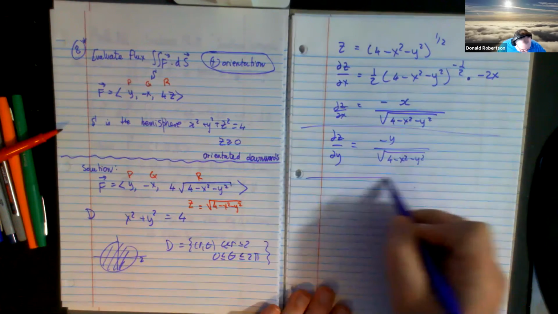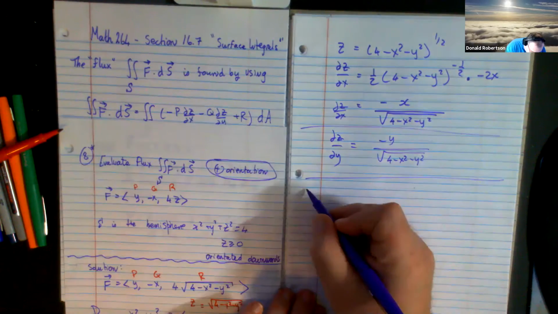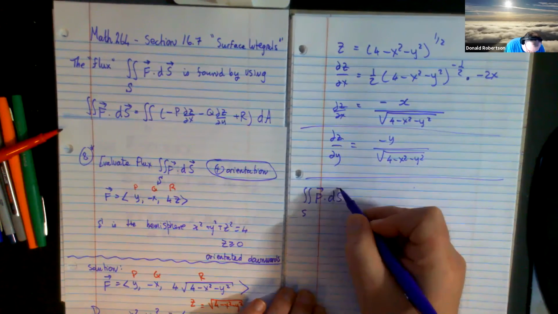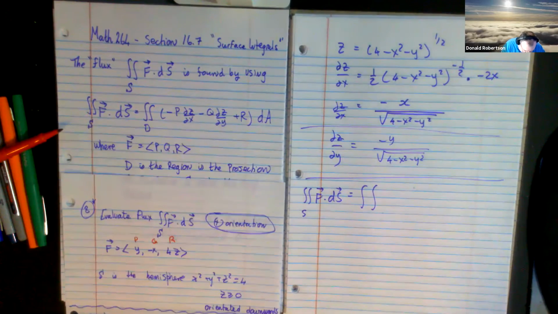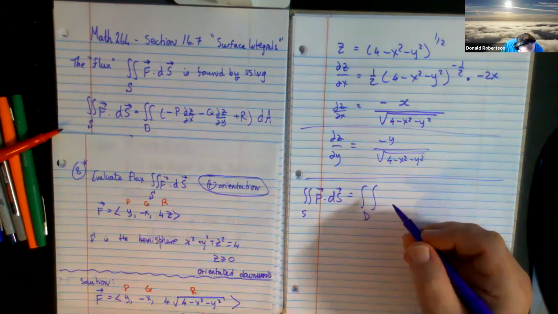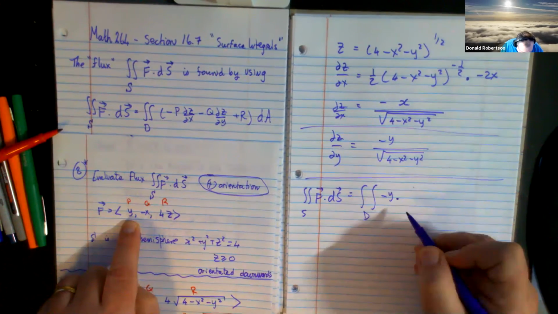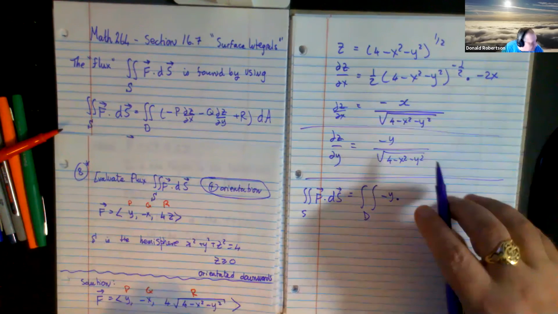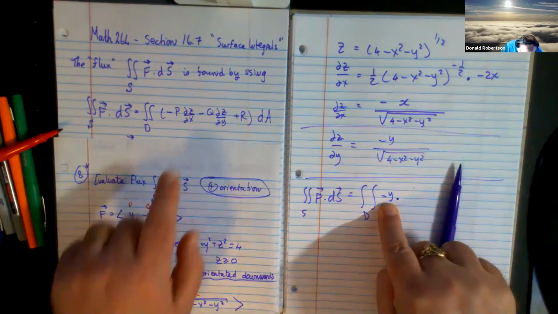Okay, I think I've got all the bits and probably some bits I don't need. So the flux, which is this guy, is going to be the double integral. Well, let's keep it general just for a little while longer. Negative P. So negative Y times this fella.